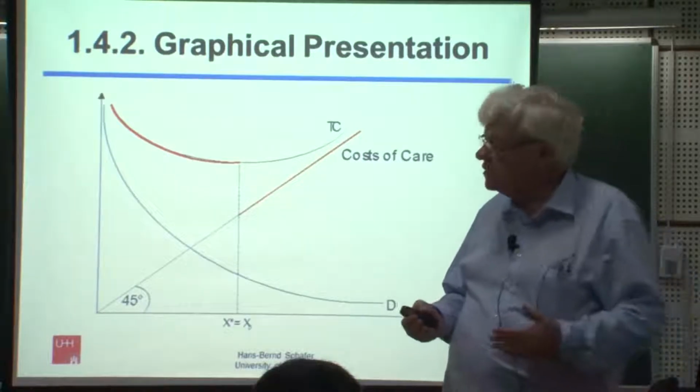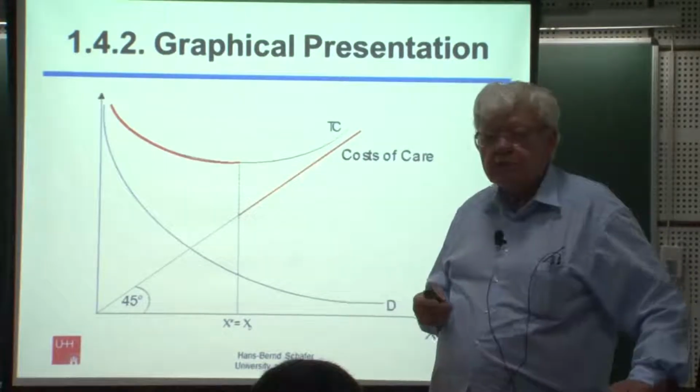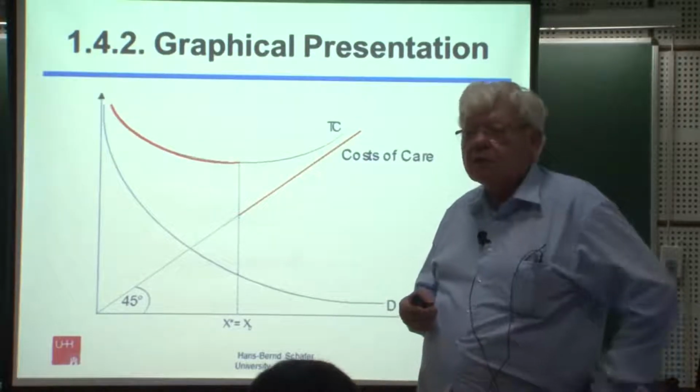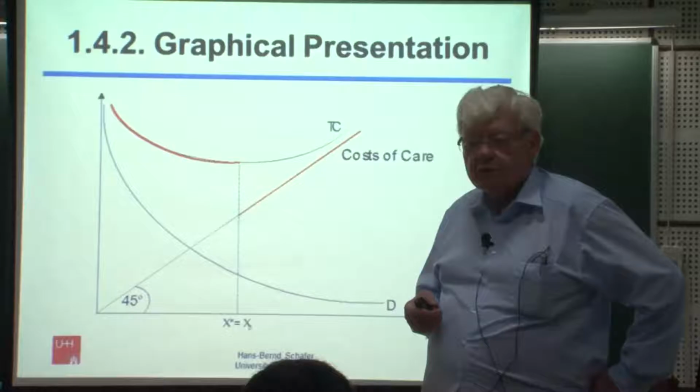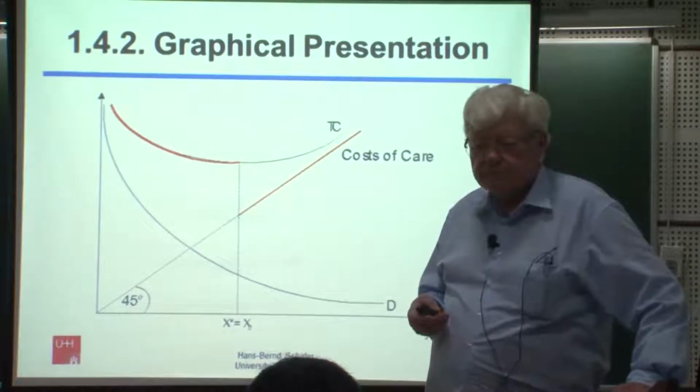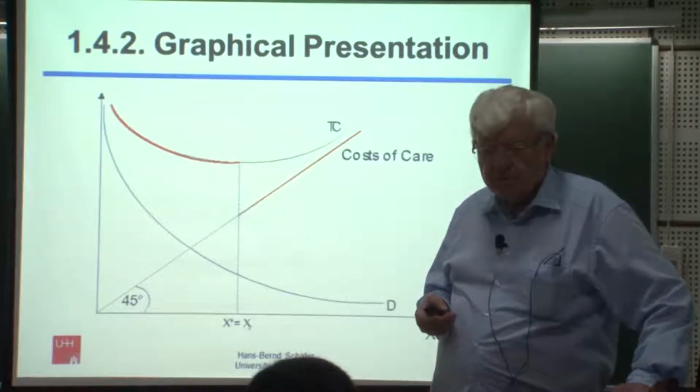Right? So we can say that under these conditions, the negligence rule leads to the allocation of an efficient amount of care. Got the point?